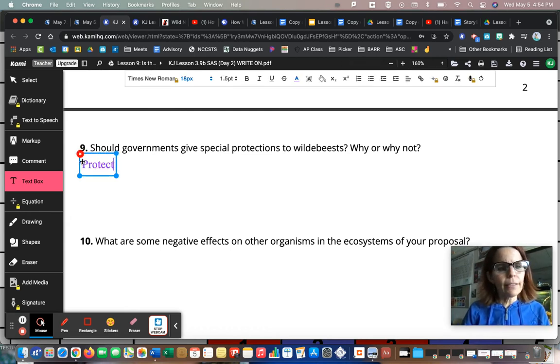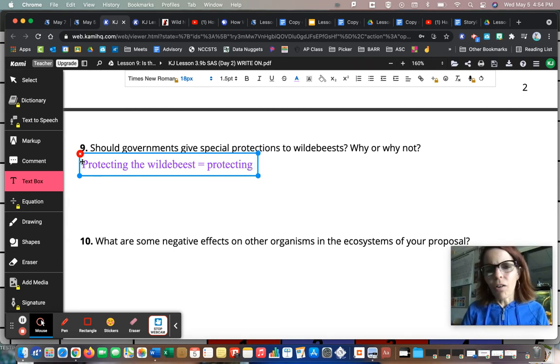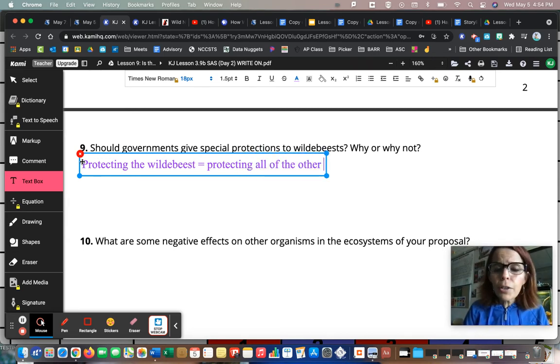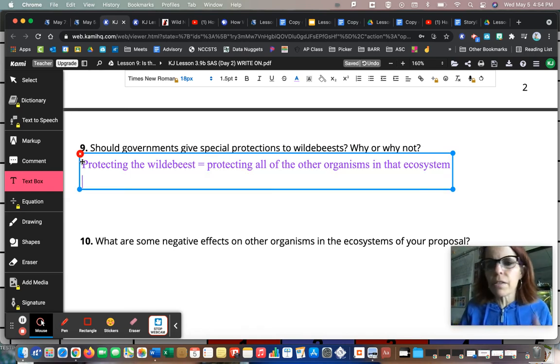protecting the wildebeest is the same as protecting all of the other organisms in that ecosystem. So protecting the wildebeest means that the ecosystem stays stable and healthy for all of the other animals.